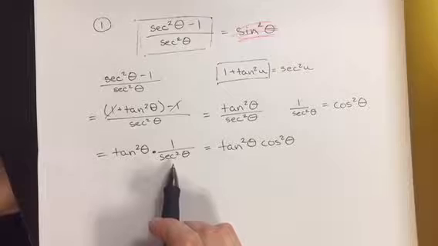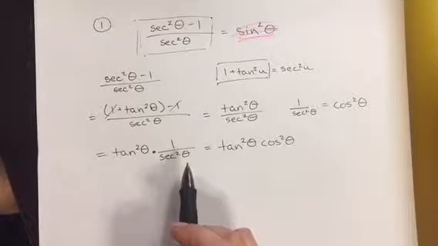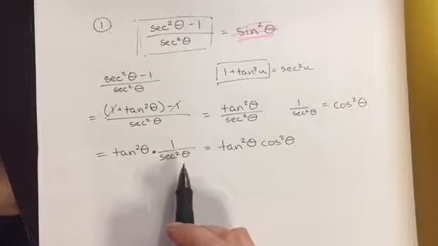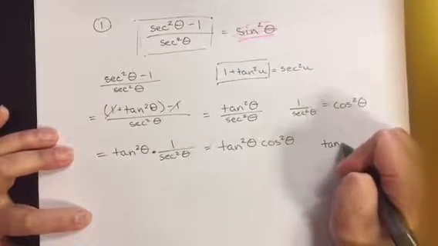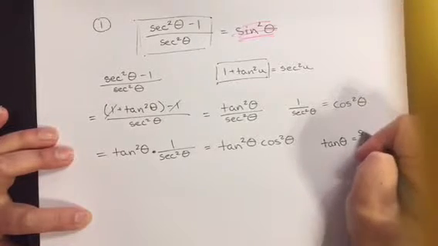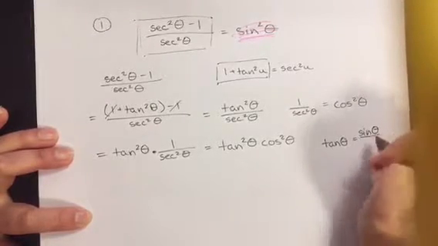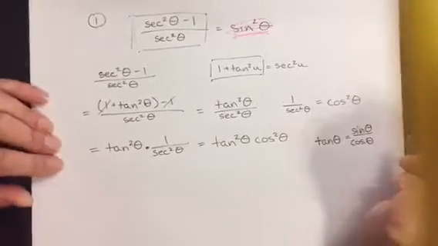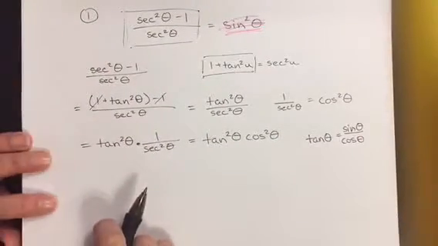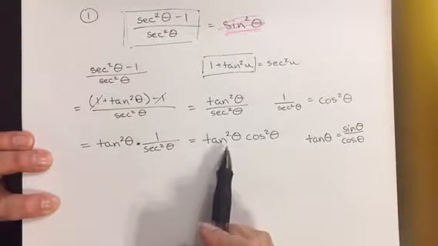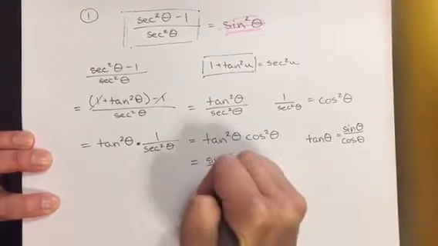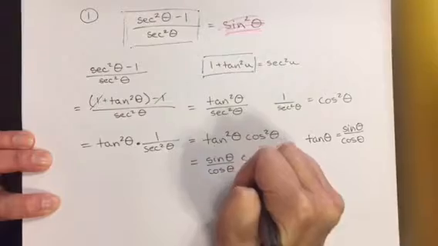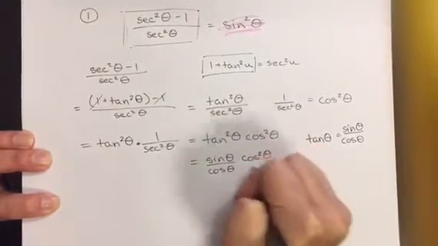Okay, so the next thing I'm going to do is use the quotient identity. So let me write that out for you. So this is tangent theta equals sine theta over cosine theta. Let me make sure that's on the screen. Okay, good. All right. So instead of having tangent theta right here, I'm going to plug in sine theta over cosine theta, and I still have the cosine squared.